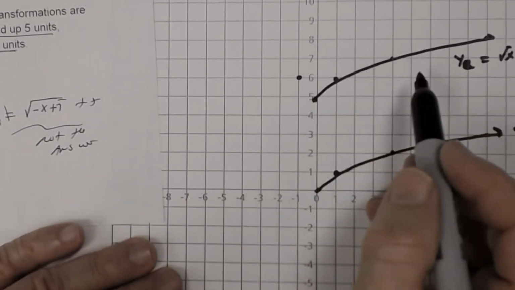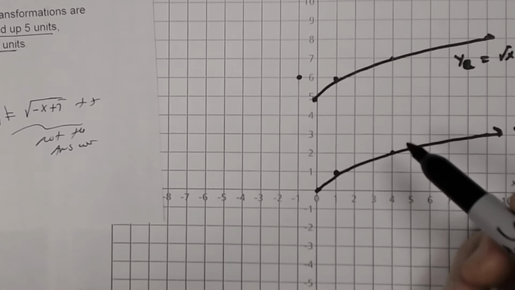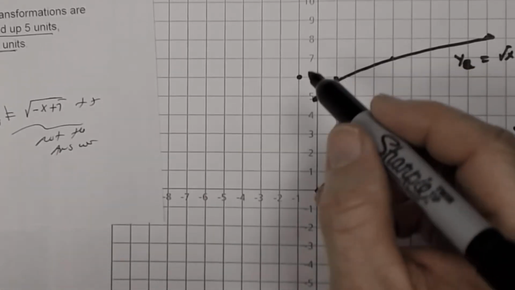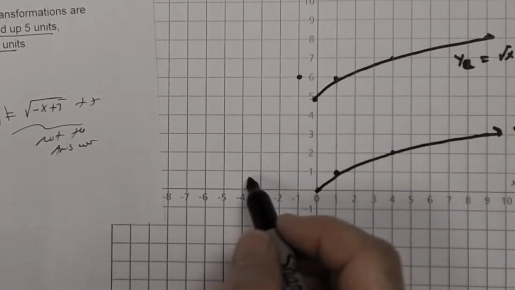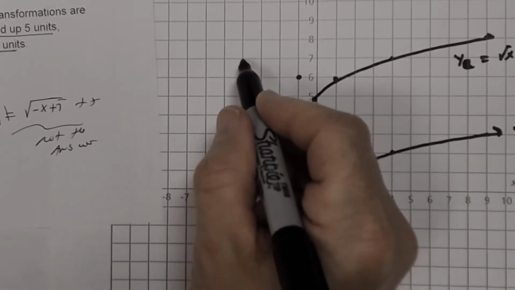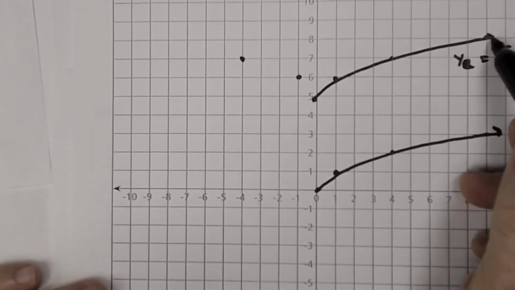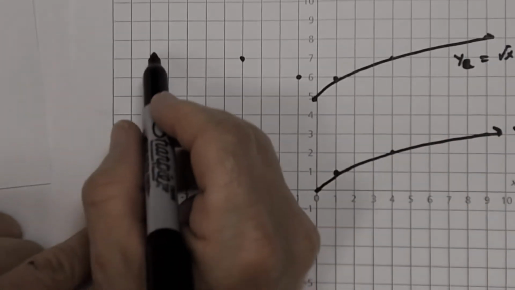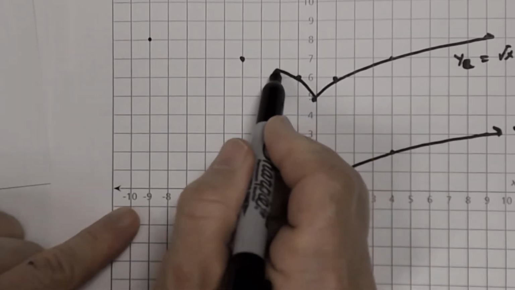So whenever you reflect about the y-axis, the y-coordinate stays the same. The x are opposites. So this point here, that's 4, 7, becomes negative 4, 7. And the point that was 9, 8 becomes negative 9, 8, which is right here. So you get this now.